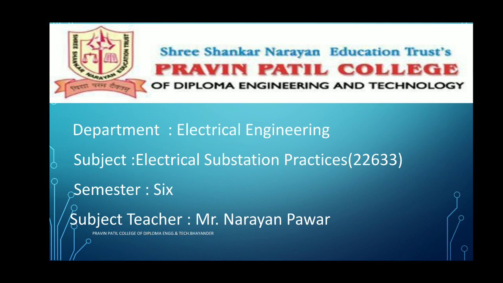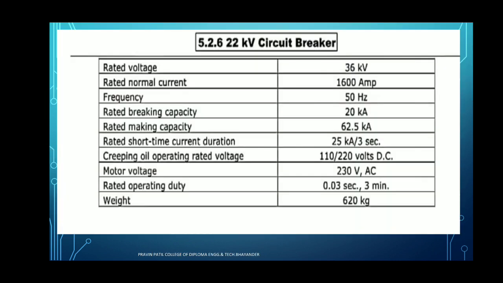Department Electrical Engineering, Subject Electrical Substation Practices, Subject Code 22633, Semester 6. Today we have to study the different types of electrical equipment used in an electrical substation for protection purposes.